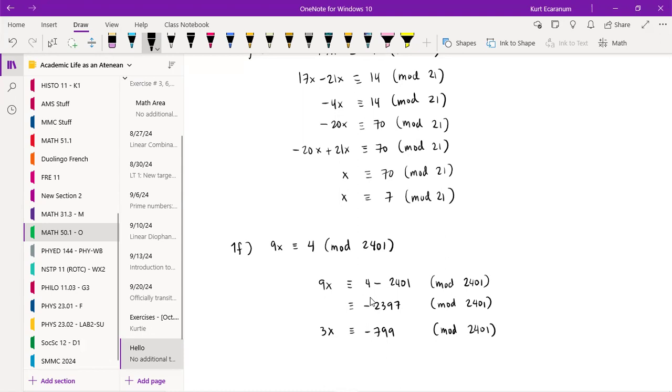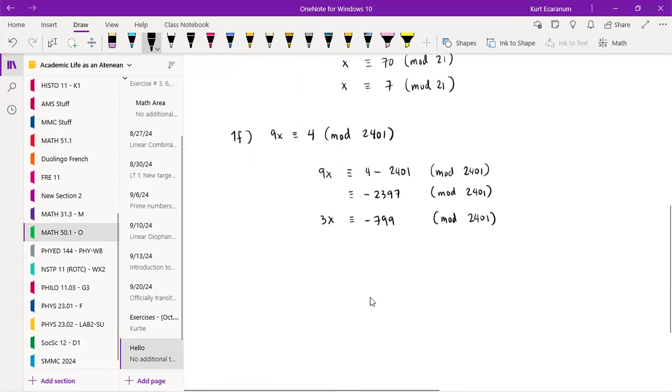And what next? I can add back 2401. And this would be congruent to, ano ba? Wait lang ha. Hindi ko din alam eh.